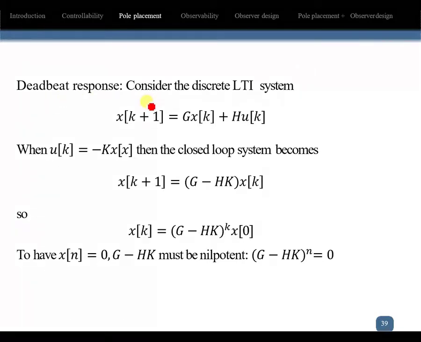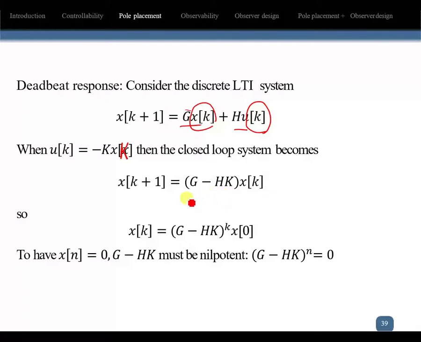The deadbeat response. Consider a discrete LTI system such as this one, with G and H, and the input u(k). The state-space representation is x(k+1). When u(k), as you saw on the previous slide, is equal to minus Kx(k), then the closed loop system becomes x(k+1) equals (G minus HK) x(k).